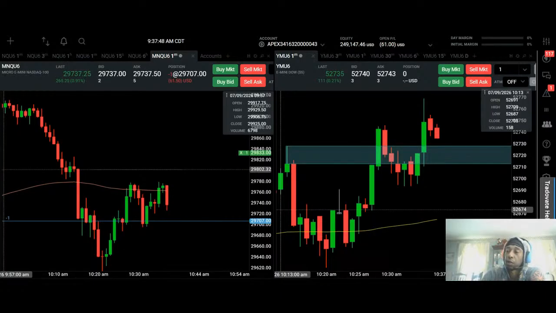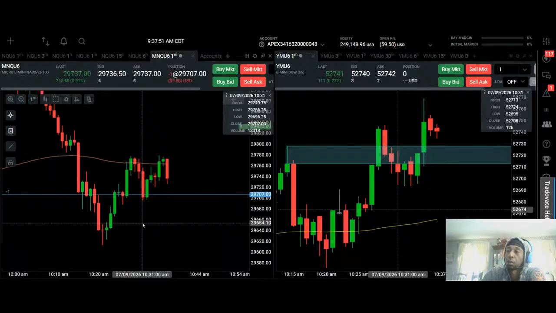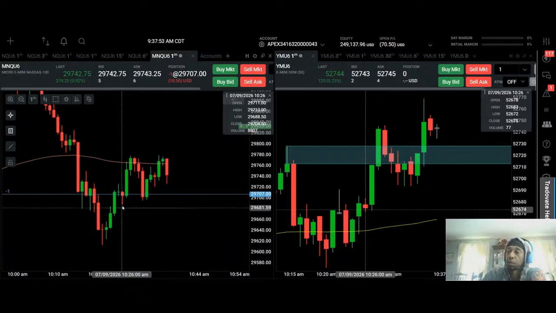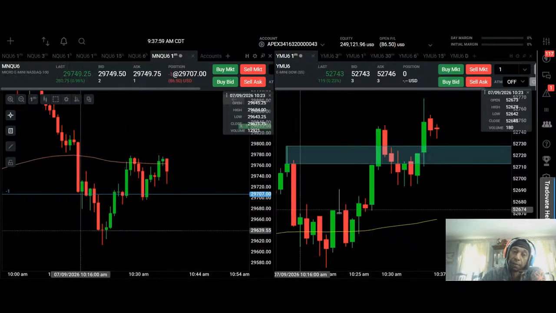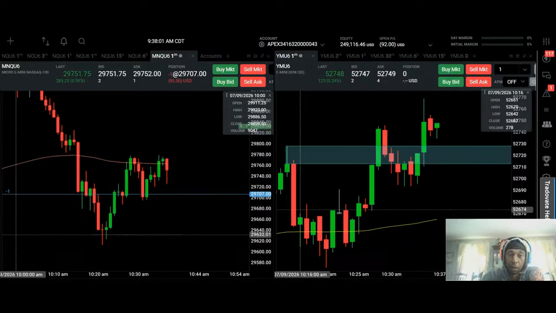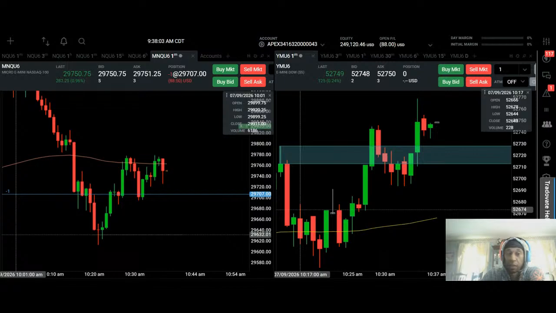The target is here. The target is this one right here for sure. But I want this one right here. So if it does, it does. If it doesn't, it doesn't. But what I do know is it's closed this fair value up right here.